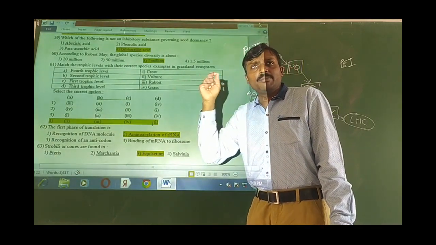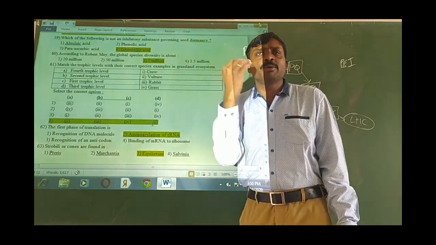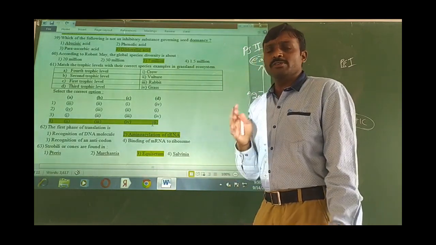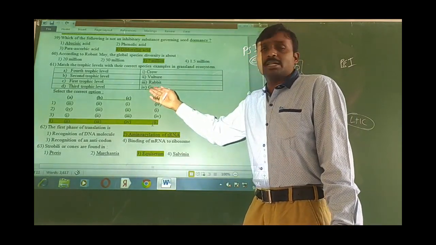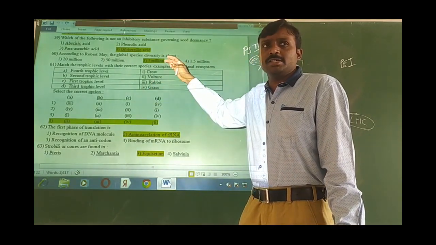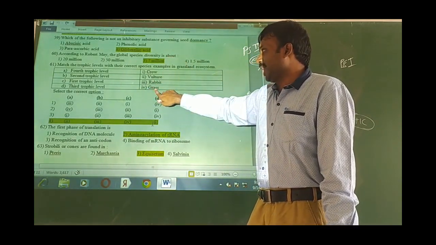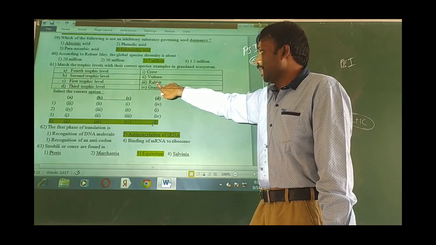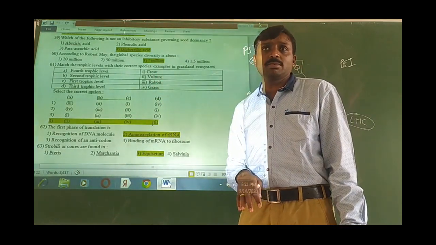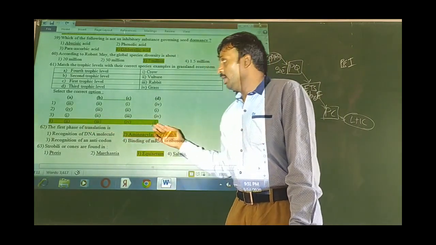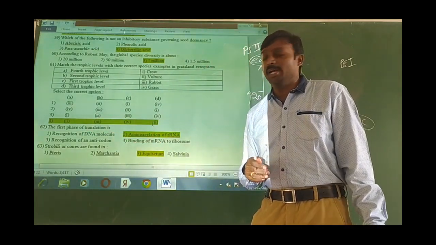This works on your minimum IQ level. If you have a proper IQ level, you can find out which one is the basic trophic level and which one is the highest trophic level. So basic is grass, then rabbit, then crow, then vulture. That would be the order here.